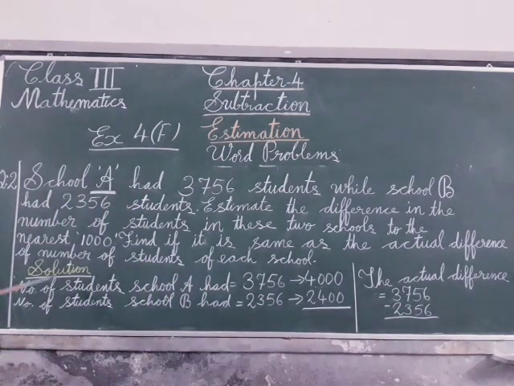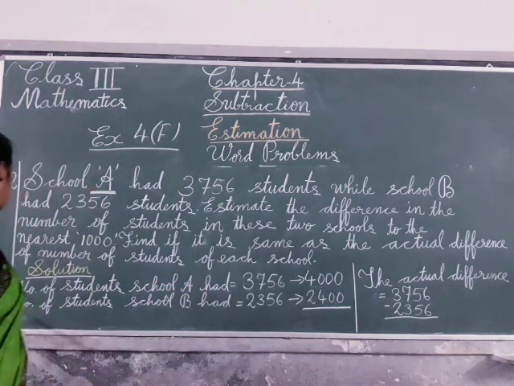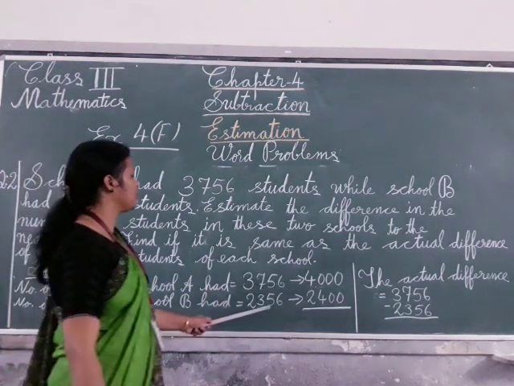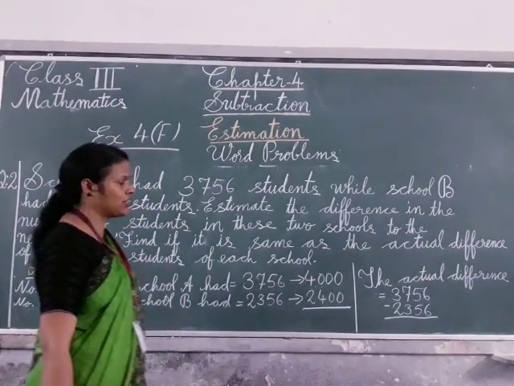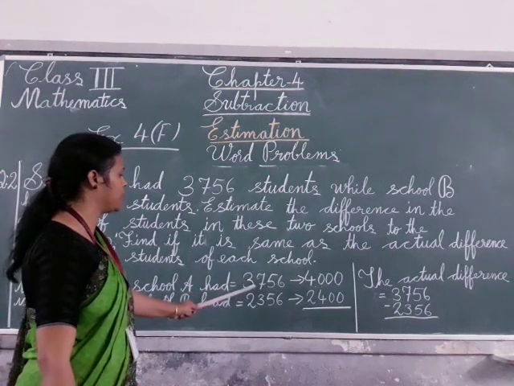Here, now, I have made the solution for you. Number of students school A had, that is 3,756. Number of students school B had, 2,356. Now we have to make the round figure to the nearest 1,000.